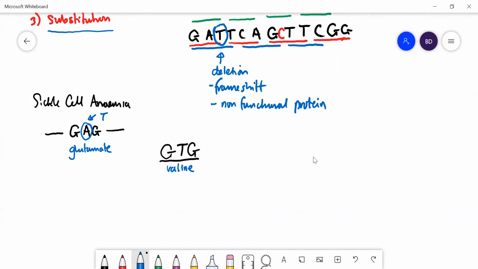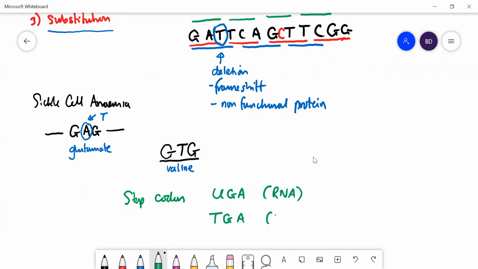Okay, so for example, there are 3 stop codons. For example, UGA in the RNA. So that means the corresponding sequence in the DNA, of course, you don't have U in DNA, you have T. So it's going to be TGA is a stop codon.